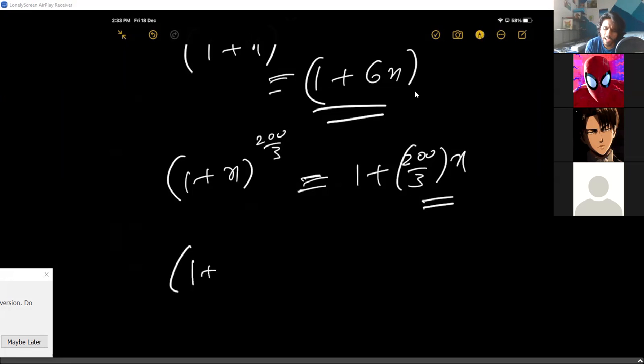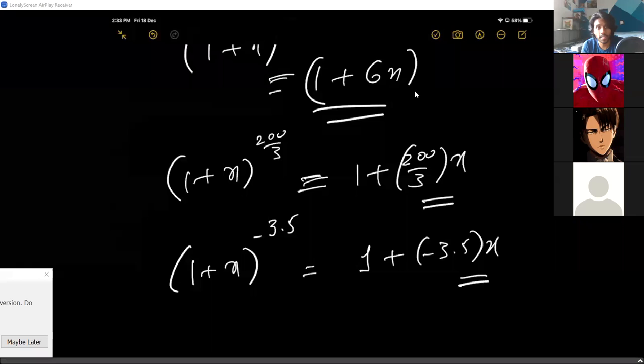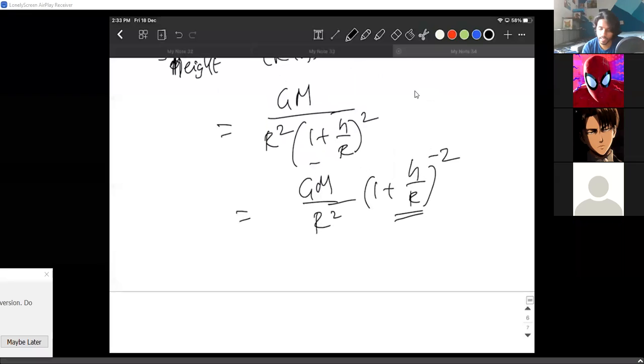Even though that value is negative, 1 plus x power minus 3.5, I can happily write it as 1 plus minus 3.5x. They call it the binomial approximation, but we don't really need the proof for this thing. All you're going to do is simply apply it here.